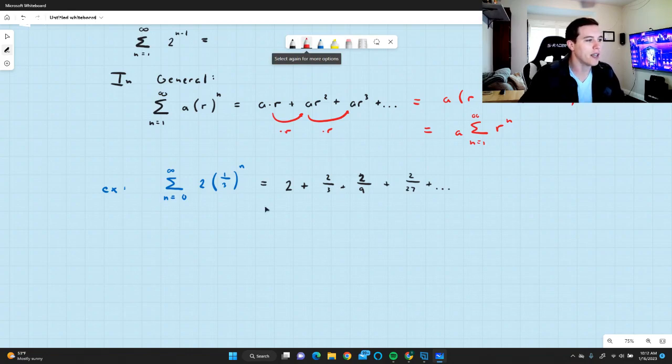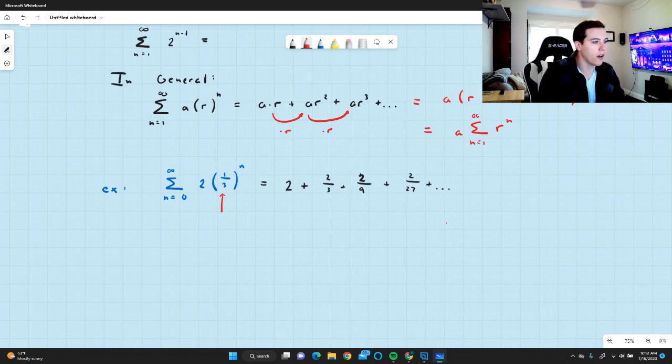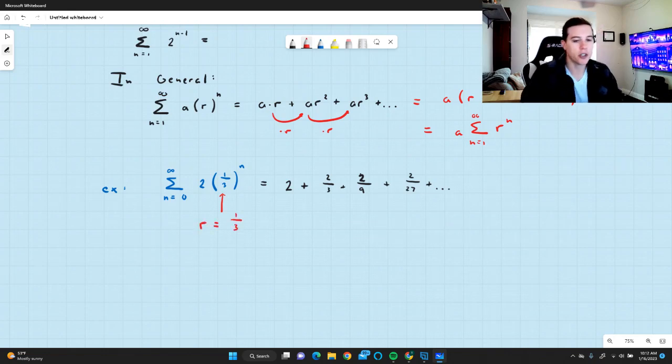And this isn't really a test, it's more of, do you know the properties of a geometric series? And here's what you need to know to determine if this in fact does converge or diverge. All you have to do is look at the r value. So in this problem, r is 1/3. And geometrics have a very, very important rule you must know.